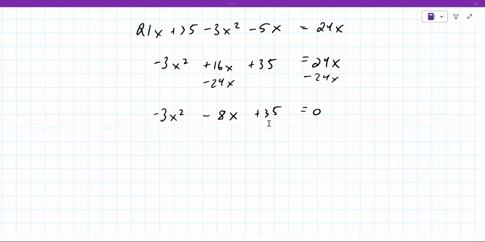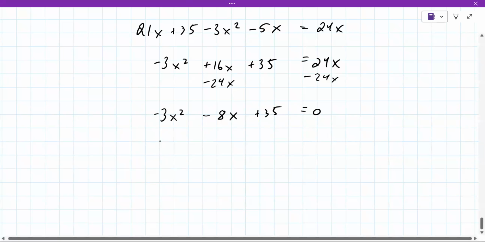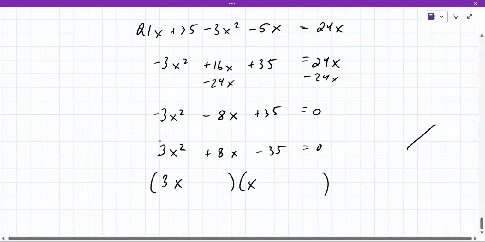Do you want to know how to do this by hand, or do you want to do something different, like graphing? Either or. Okay. Let me get rid of the negative because that's kind of bothersome here. They teach a diamond method, but when there's only one factor on the first or the last, you can use a guess and check approach. 5 and 7 are the factors of 35, and you've got to get back to 8.